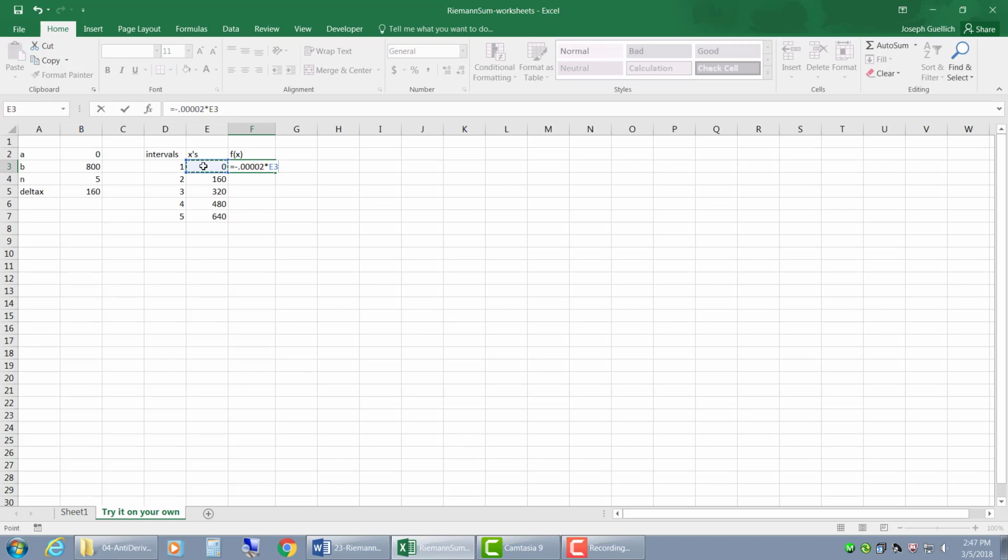Make sure you count all those zeros, there's a lot of them. That's squared minus that plus 45. So there's the f of x. Copy and paste however you like. Add those up. Do the Riemann sum.